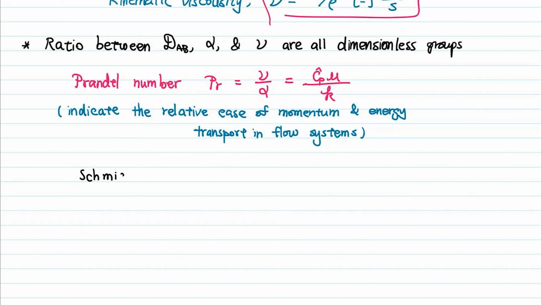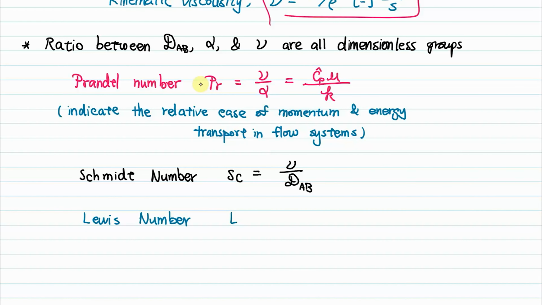The Schmidt number, which we use the symbol Sc, equals the ratio between the kinematic viscosity and the diffusivity. And then we also have the Lewis number, which is probably not as commonly used, but we can still introduce it anyway. The Lewis number equals the ratio between the thermal diffusivity and the molar diffusivity.